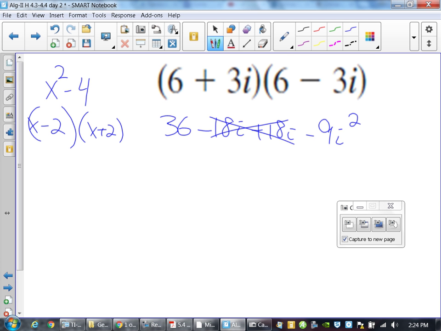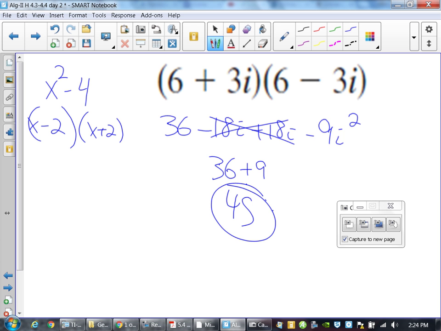What's negative 9 times i squared then? 9. So you have 36 plus 9, otherwise known as 45.